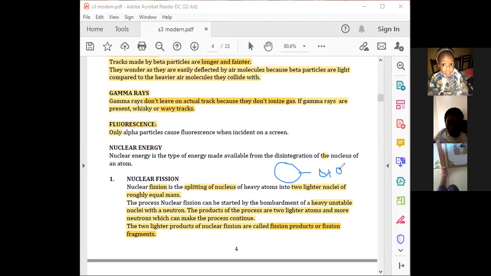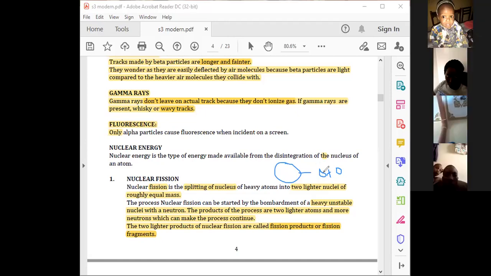You split the bigger atom and you get two smaller or lighter nuclei. However, the mass of these nuclei is always roughly equal to the mass of the original atom.